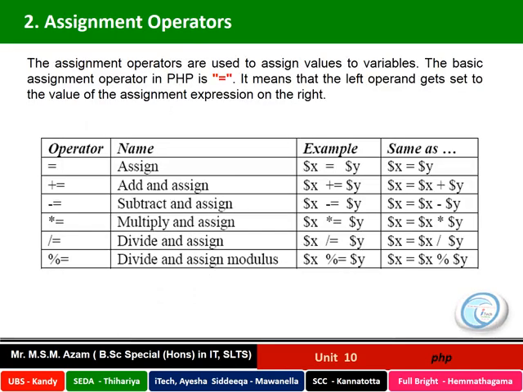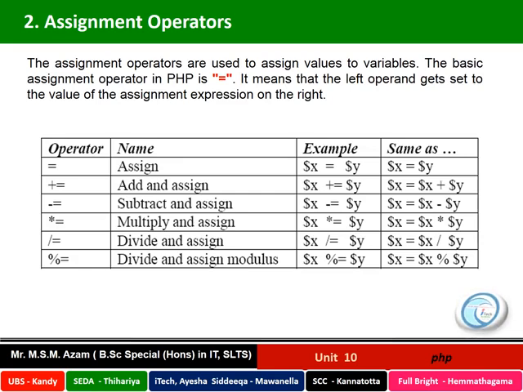Second type of operator is the assignment operator. The assignment operators are used to assign values to variables. The basic assignment operator in PHP is an equal sign. It means that the left operand gets set to the value of the assignment expression on the right.